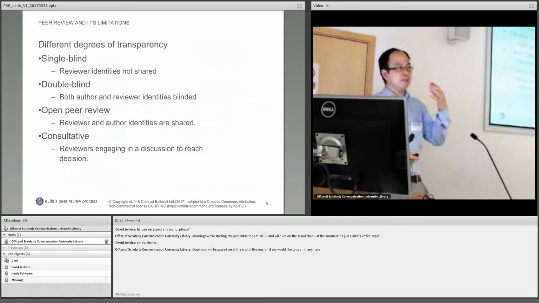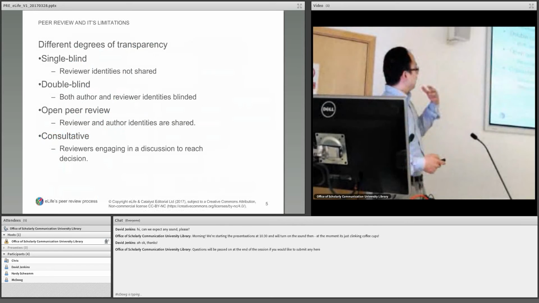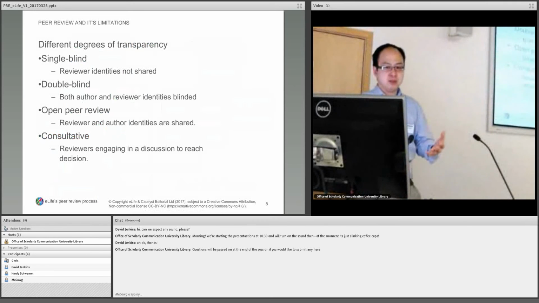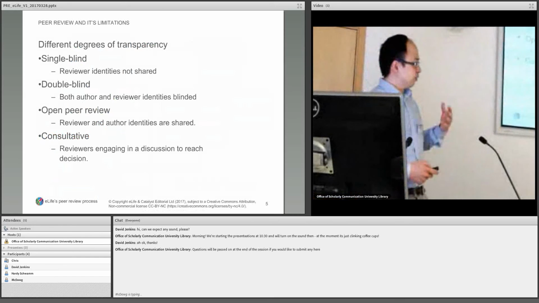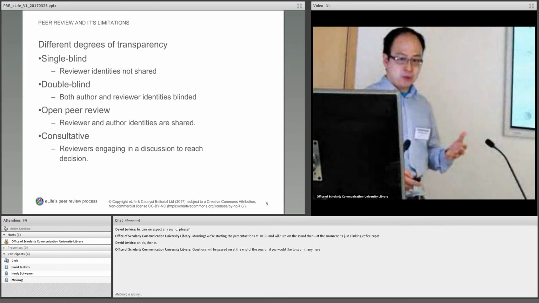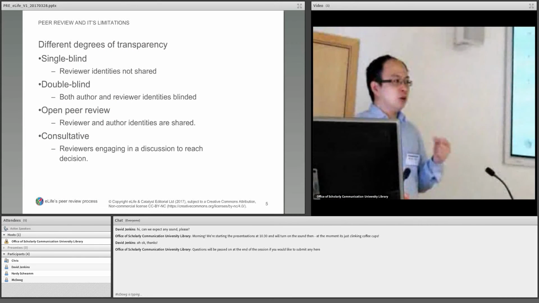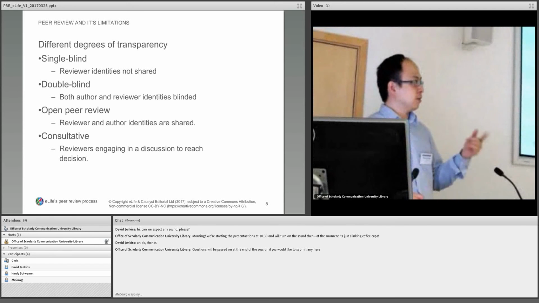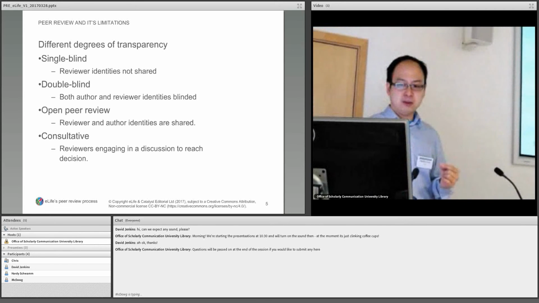The different types of peer review also have different degrees of transparency. In life sciences, for example, single-blind peer review is the most common type. This is where the author does not know the identity of the reviewer, whereas the reviewer knows the identity of the author.